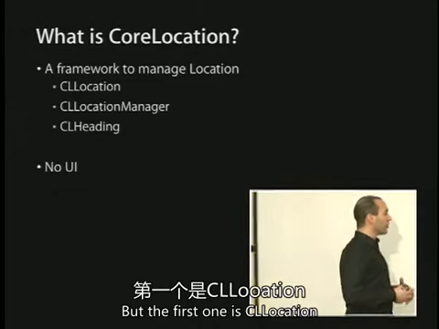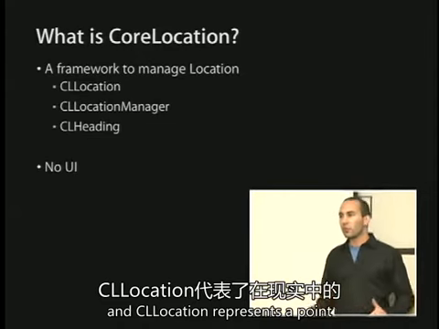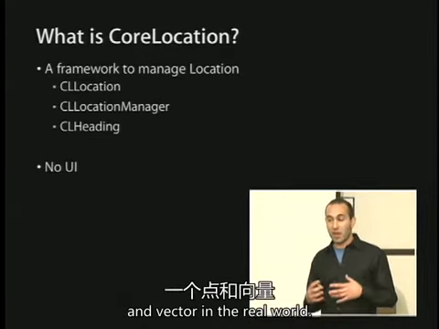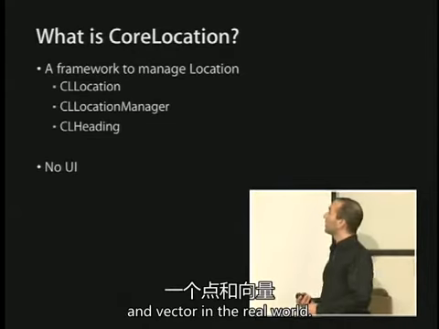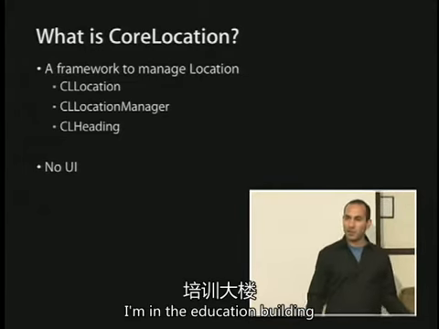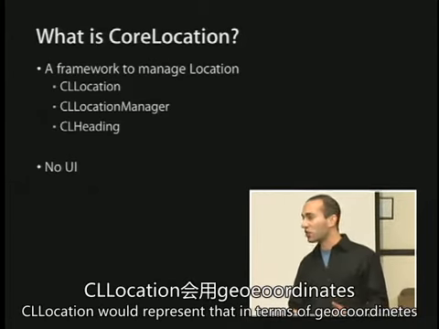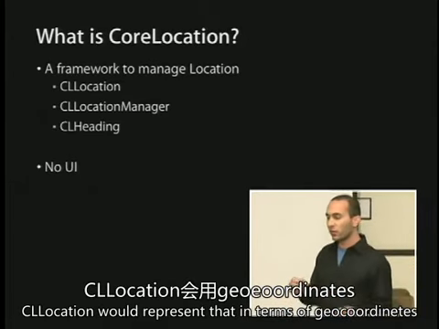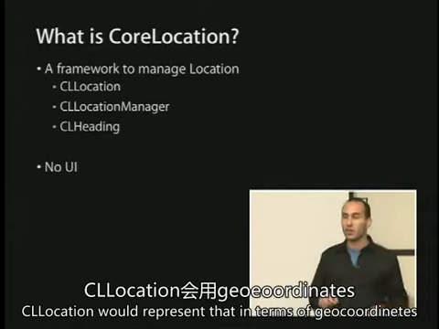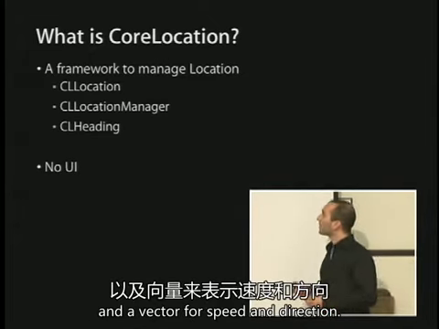The first one is CLLocation, and CLLocation represents a point and vector in the real world. So I'm at Stanford right now, I'm in the education building, and I'm walking very slowly in this direction. CLLocation would represent that in terms of geo coordinates and a vector for speed and direction.